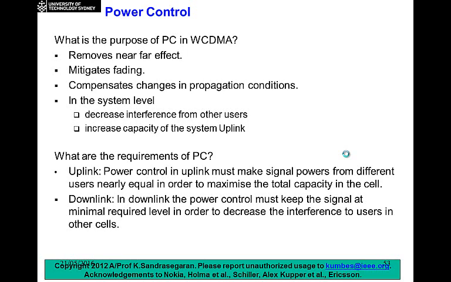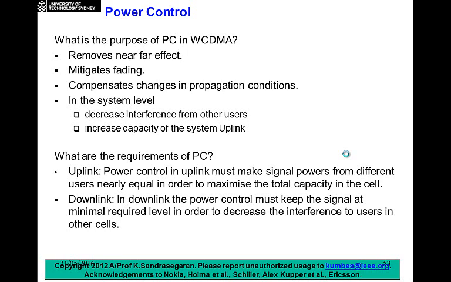So power control is very important in wideband CDMA. It removes the near-far effect. It also removes the effect of fading, because if a user signal experiences fading, then to compensate for that fade, we can ask the transmitter to increase the transmit power so as to mitigate the effect of fading.